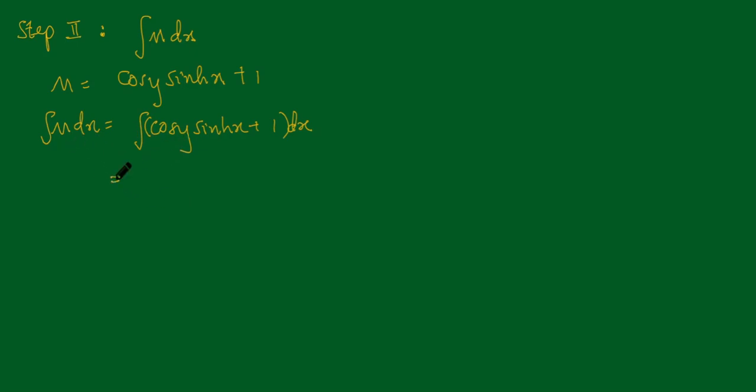We can rewrite this as cos y times the integral of sin x dx, plus the integral of dx. You can then evaluate this to give minus cos y cos x + x. And that's step 2 taken care of.